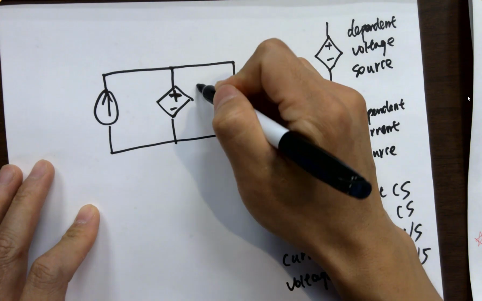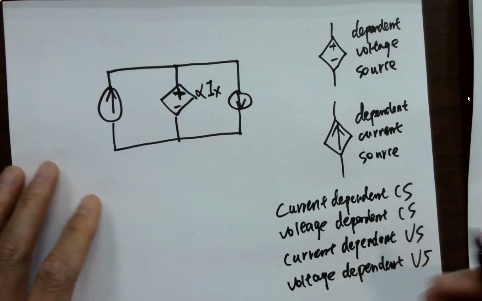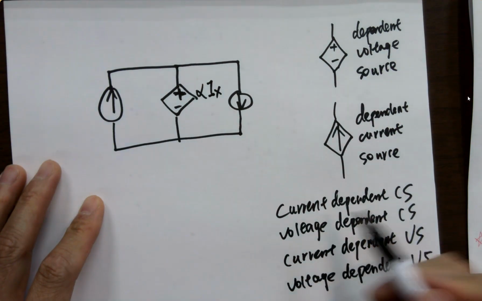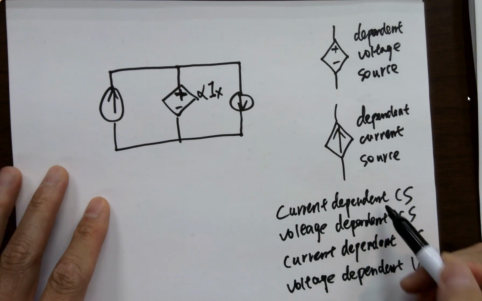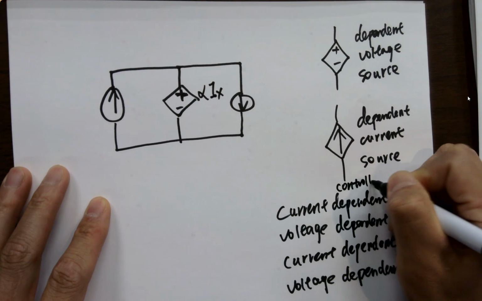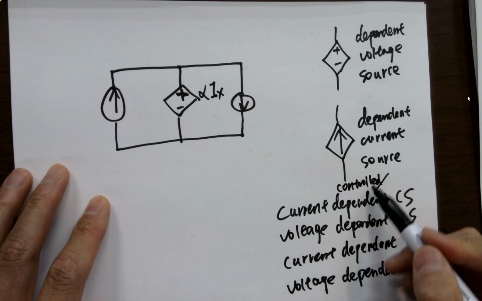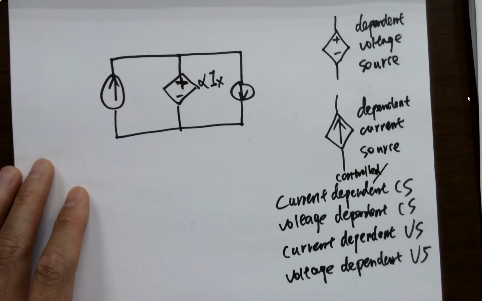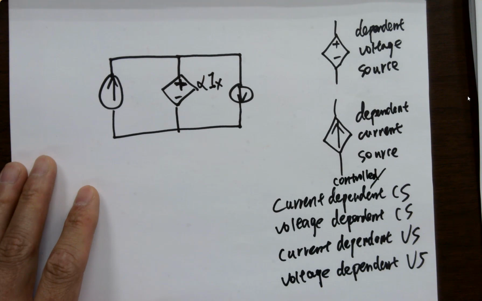And let me label this. It's alpha Ix. So let me know which one it is. So it's a C. Sometimes they use dependent, sometimes they use controlled, so it's interchangeable. You can use controlled or dependent. Is it a current dependent voltage source? This one?